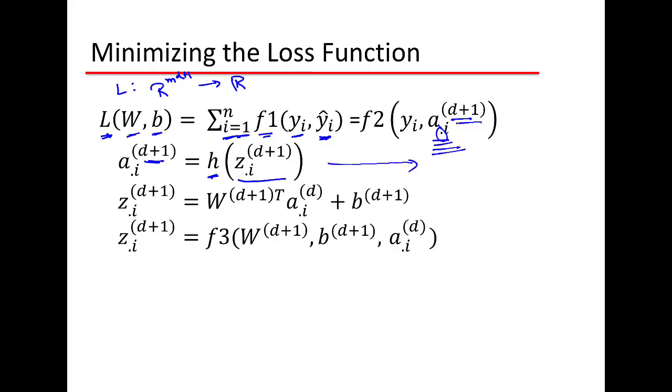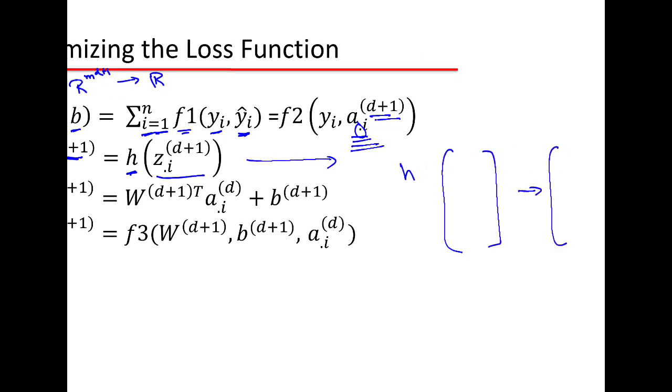I have a vector and I'm applying h to it, and it gives you a vector of the same size. It applies h to the first component and gives me this output. It applies h to the second component and gives me this output, and so on. It applies h to the third component and gives me the third output. So the first output here only depends on the first input here.